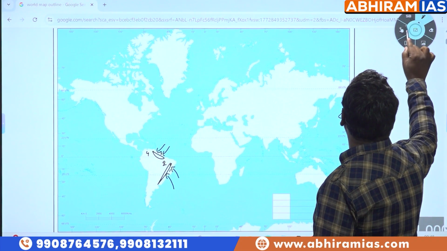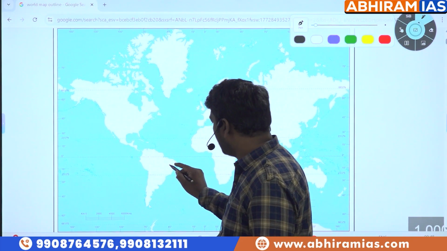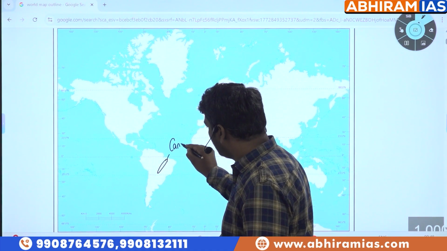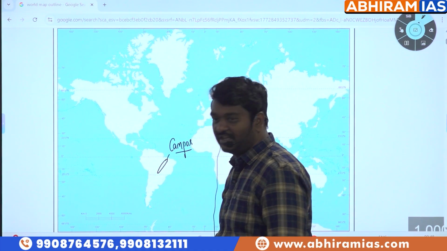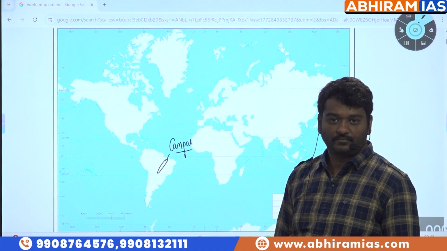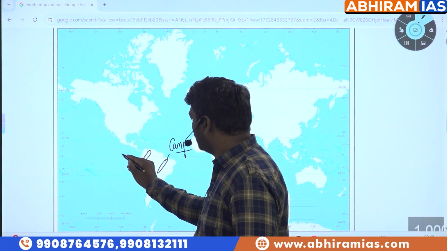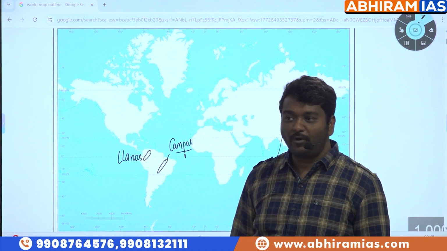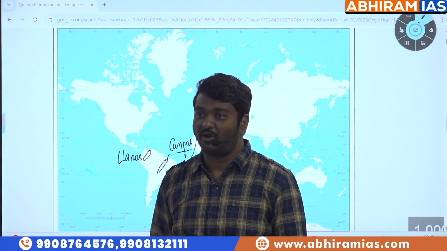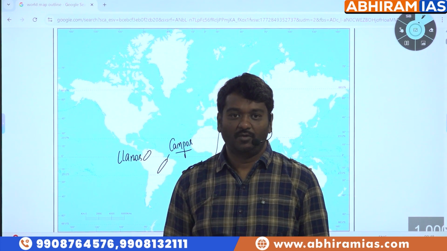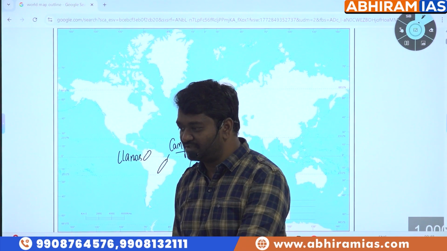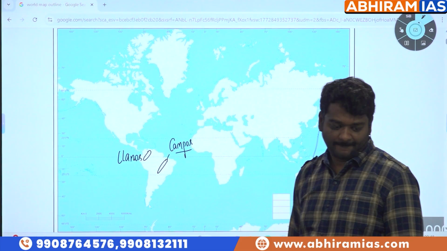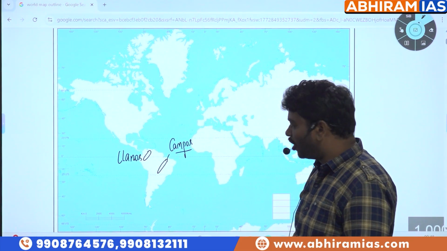Now, on the leeward side, Campos in Brazil, and here Llanos will be there. Campos and Llanos are examples of which one? Tropical grasslands. Next, you write tropical grasslands.